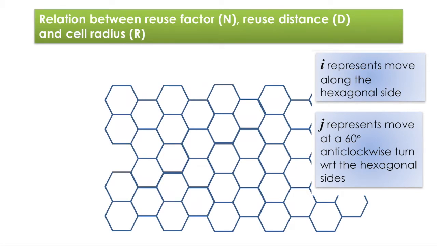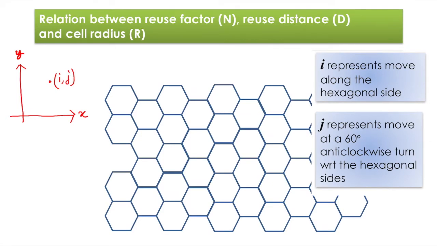To understand this, let us first see the Cartesian coordinate system. Let us consider a point (i, j) in a Cartesian coordinate system.